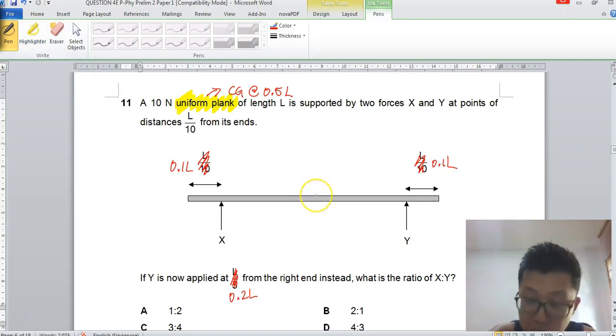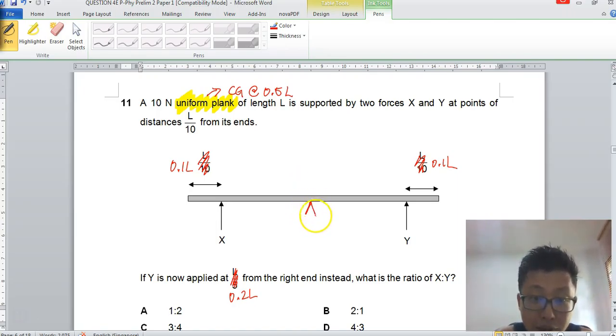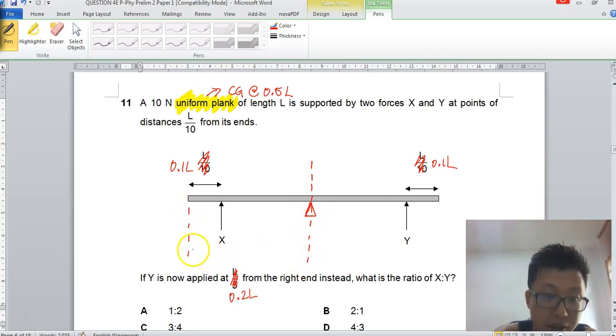Notice what I said in my words: I will take moment about the pivot such that the pivot is at the center of gravity of this uniform plane, meaning that I will take my pivot at 0.5 L from one of its ends.